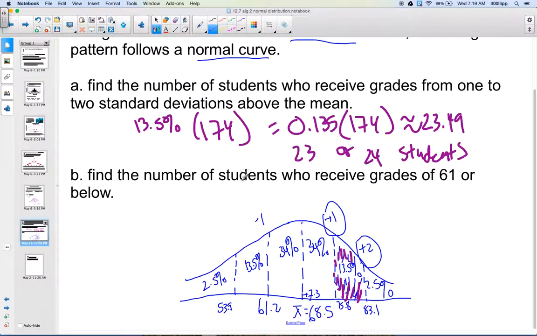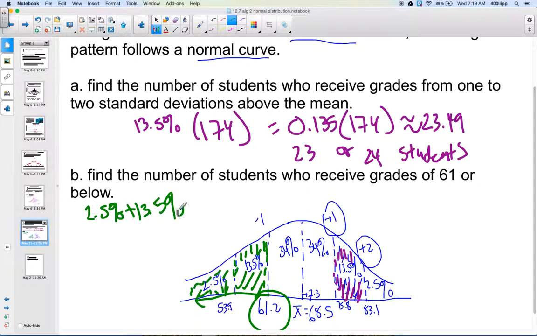Next, find the number of students who receive grades of 61 or below. Here's 61.2, but it has to be a whole number, so 61 and below uses 2.5% plus 13.5%.